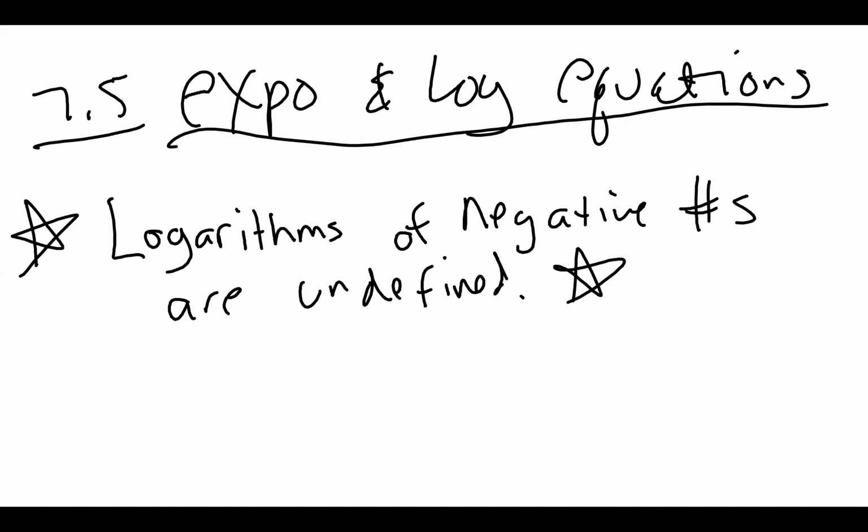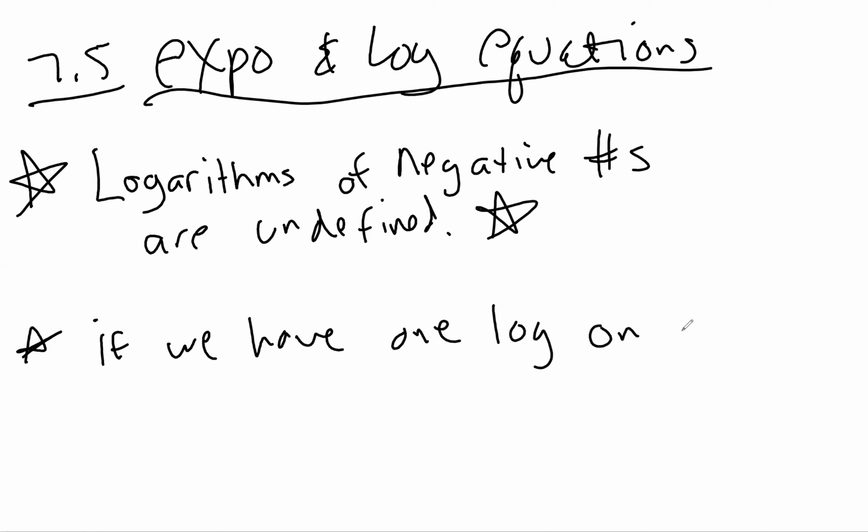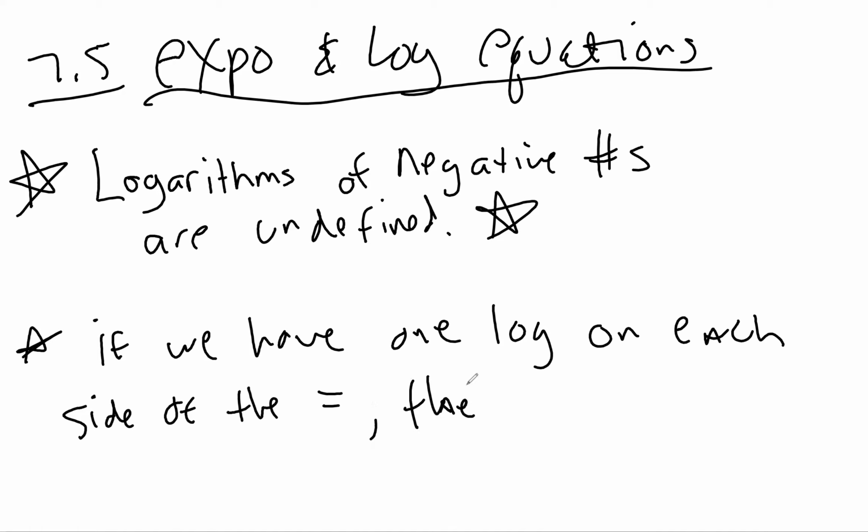And the second thing that I want to write out, and I might have to do a little word explaining once I get this written, is when we are going to solve, okay? If we have one log on each side of the equal sign, then we set the stuff, and I'm going to put stuff in quotes until we have a chance to look at it.